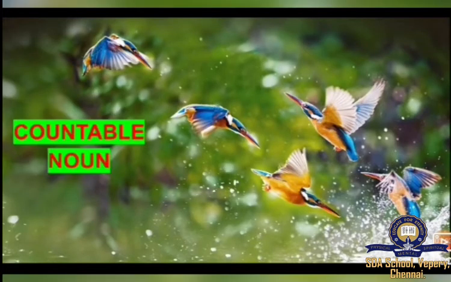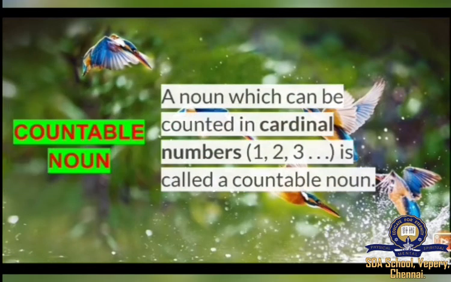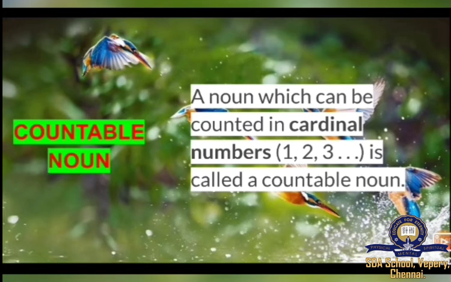So what is countable noun? Let's see the definition. A noun which can be counted in cardinal numbers is called a countable noun. So a noun that can be counted in cardinal numbers, that is 1, 2, 3, and so on, is a countable noun.